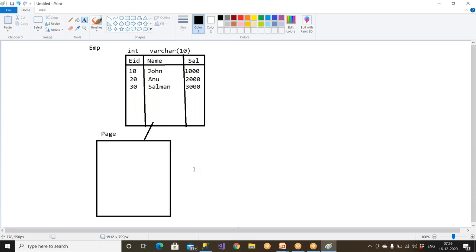Then I told you vitamins, and at the end of the day, all this pizza will go into the blood. That is how the conversion happens internally. You should be aware that when you store the data, it will not get saved as it is. Clear? The data will not get saved as it is in the table. It will go to the data file, and the data file will have a page.